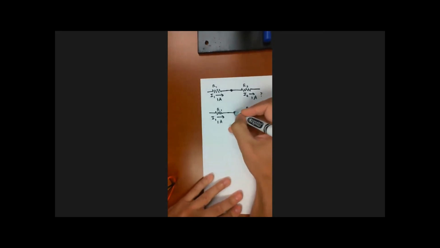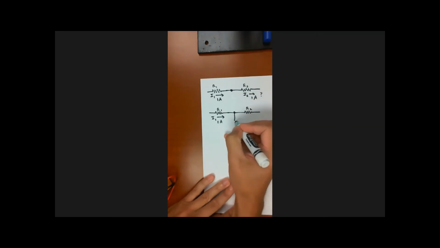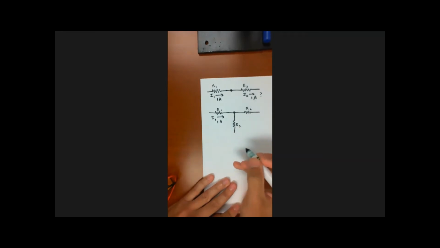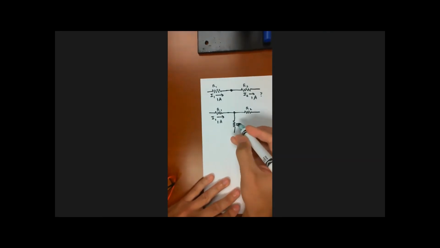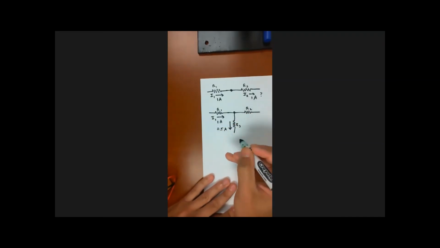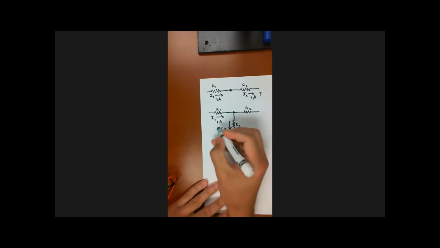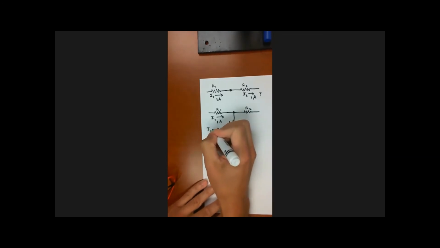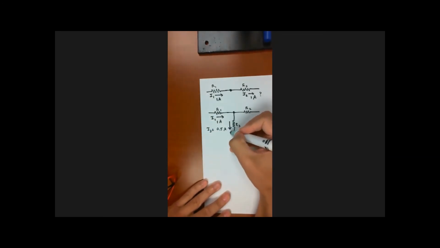But now, let's say I have another wire tied in here at that node, and that is R3. And let's say I tell you that I have 1/2 amp coming through R3 in this direction. I3 equals 0.5 amps coming in this direction.